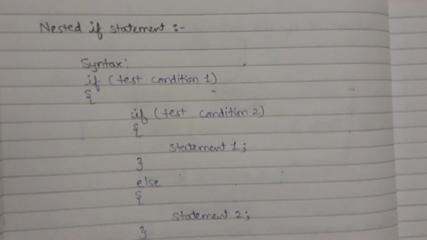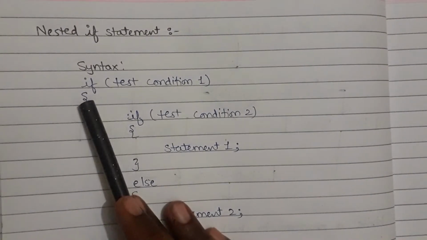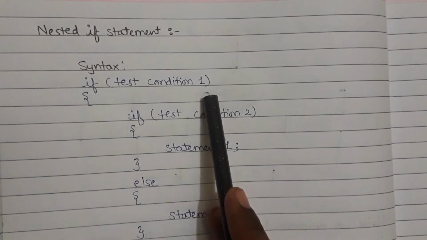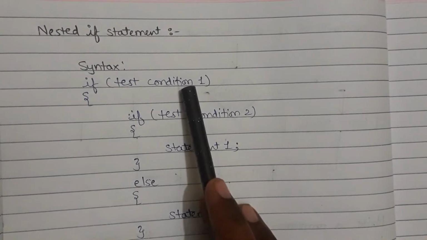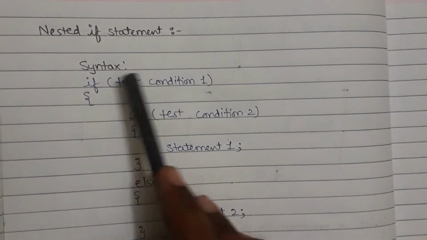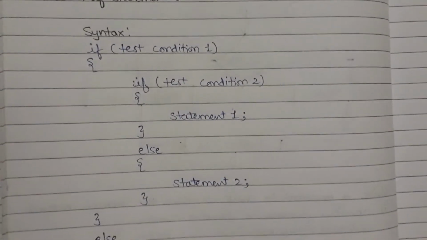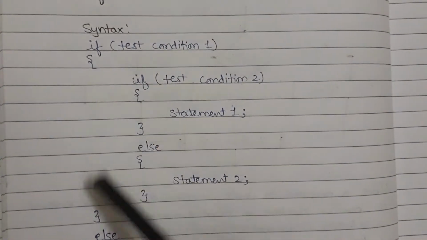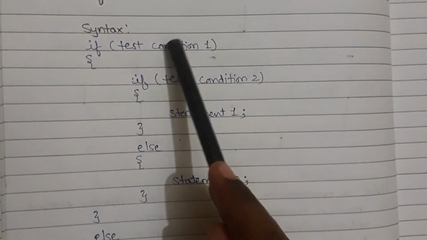Now we will see the general form of nested if statements. Here, if test condition 1 is true, then it comes to this if block, and within this if block it enters this inner if statement.